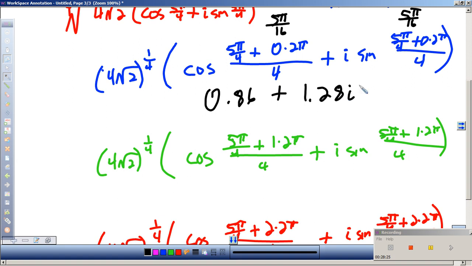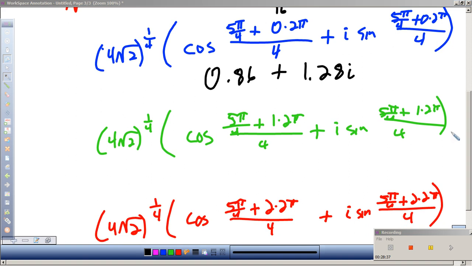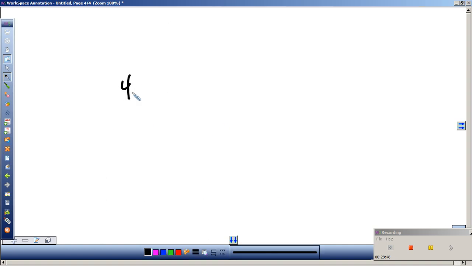Now this is our decimal approximation, our rounded answer. If we wanted the exact answer, how are we going to get the exact answer? So first, how do you simplify this? Oh, 4 square root 2 raised to the 1/4.